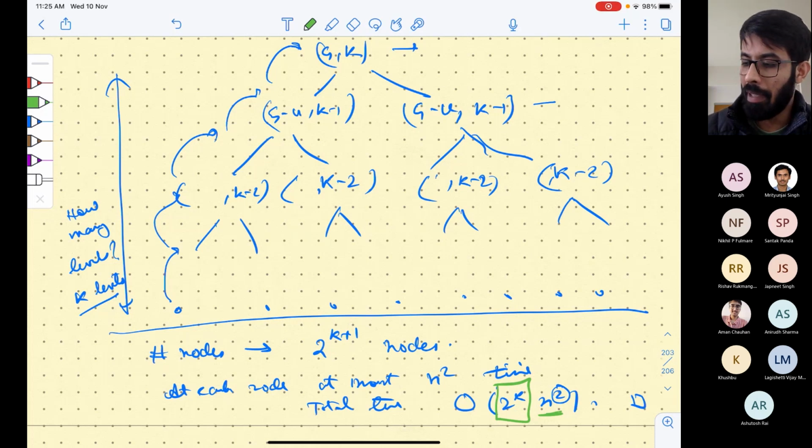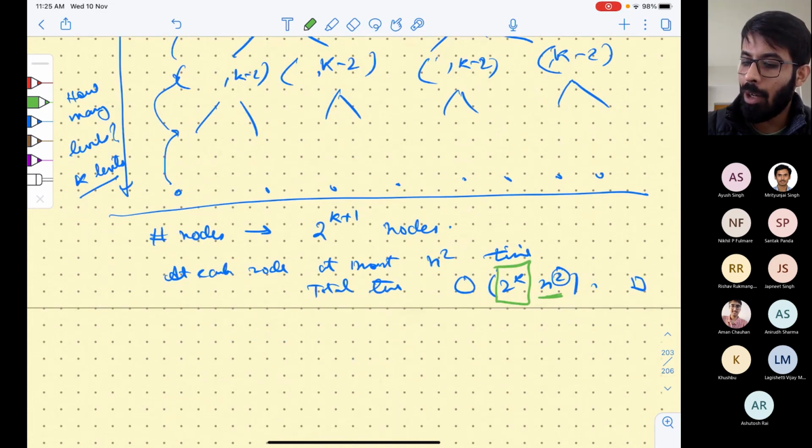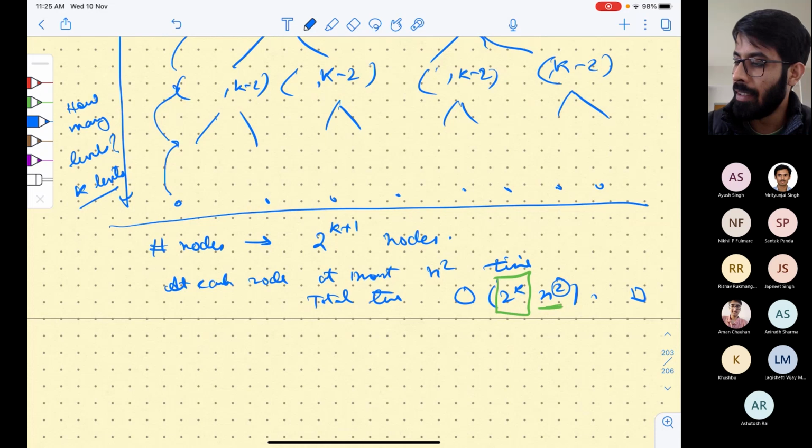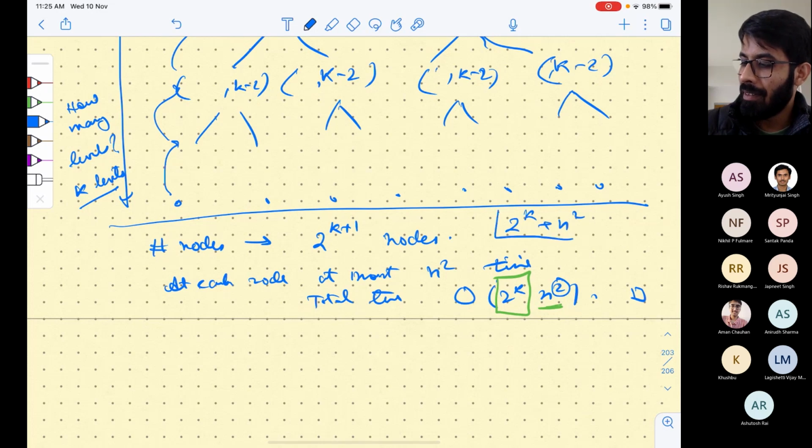So fine, I'm sure it can be done in linear time, linear in n, or linear in m. In fact, there is an algorithm which can do this in 2 to the power k plus n square time also. But I'm not going there.